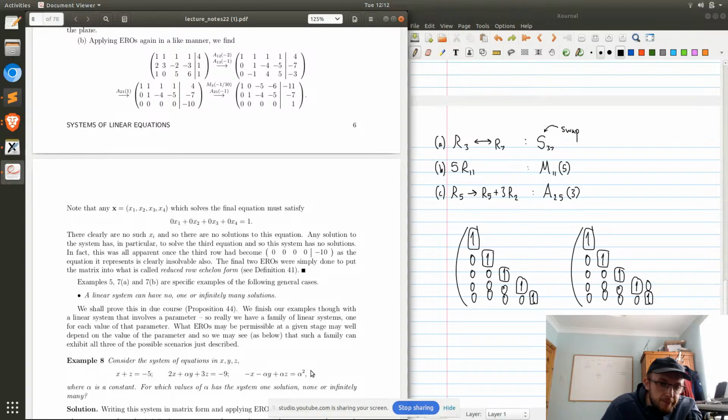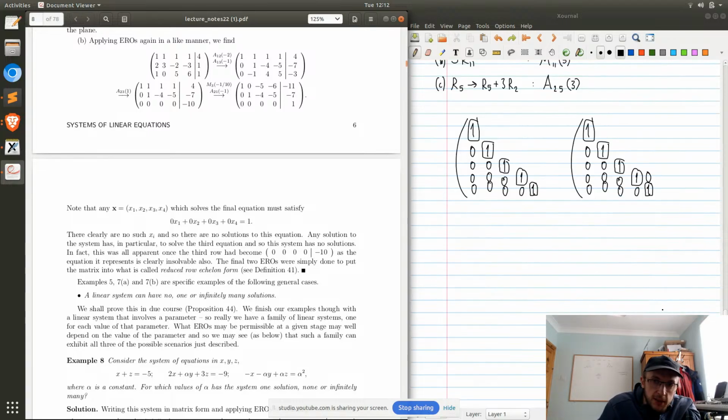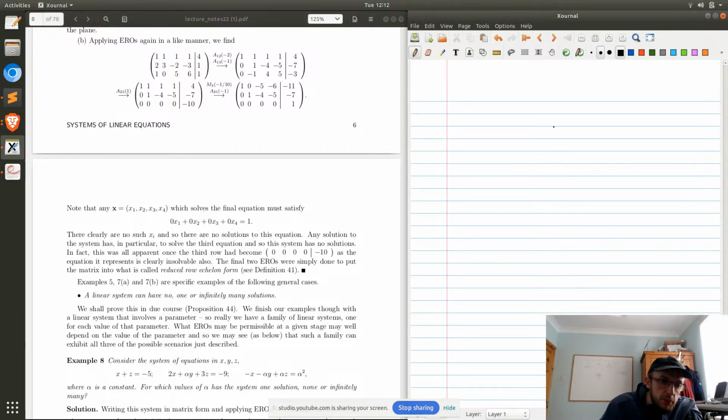So, okay, we see that alpha is squared here. So what comes to mind? A quadratic. I'm thinking that when it touches the axis, one solution, when it's below, infinitely many, and when it's above, none. But let's just try stuff.